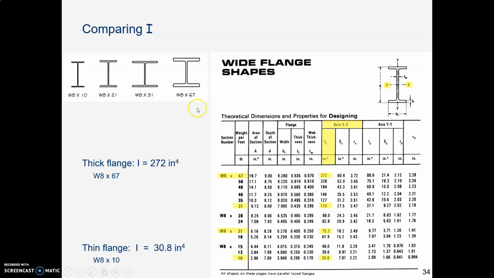There's its picture. An 8x67, there's its picture, has a moment of inertia of 272 inches to the 4th. Look at that huge difference. And how did they do that? They moved a lot of steel out to the far flanges, out far away from the axis. And this now has stiffness of a shape, ability to resist bending.